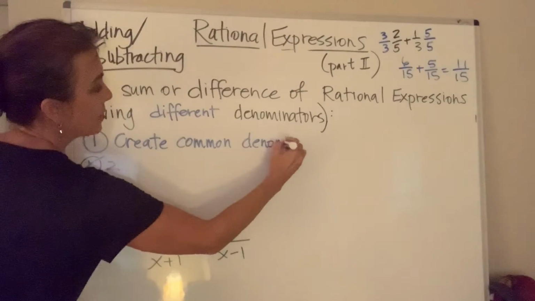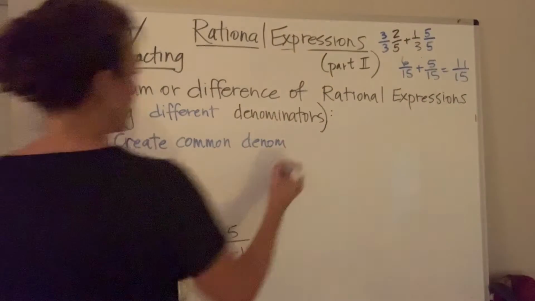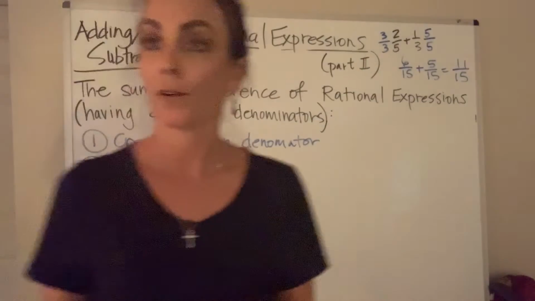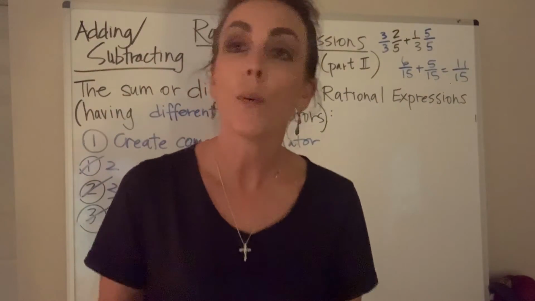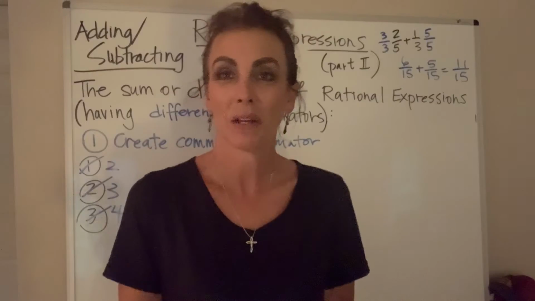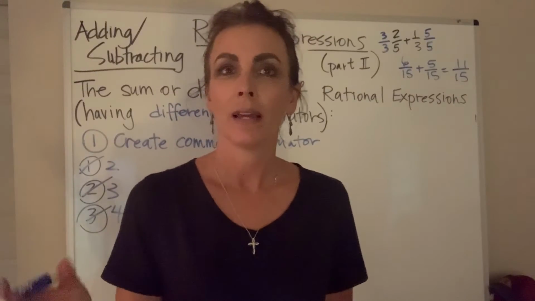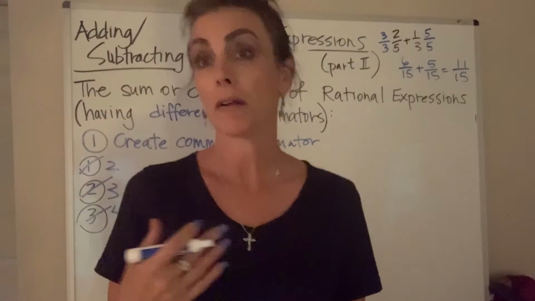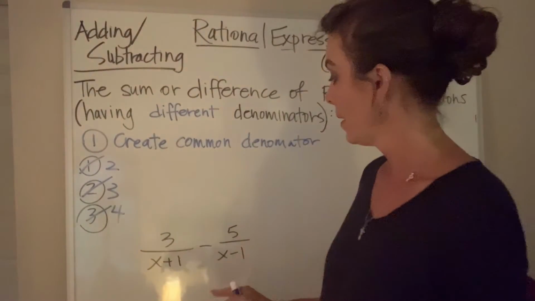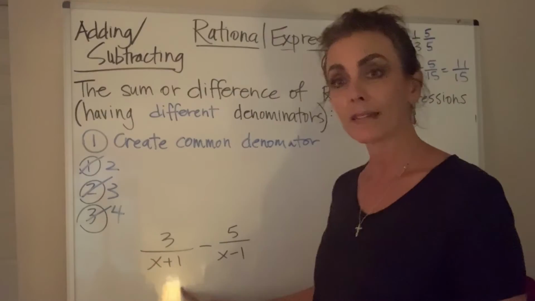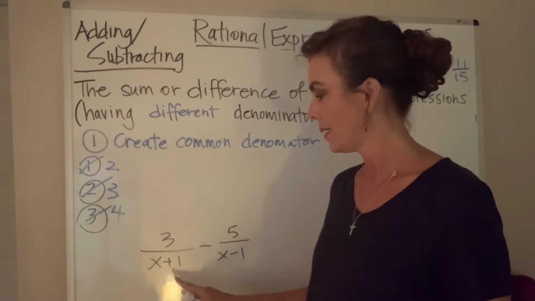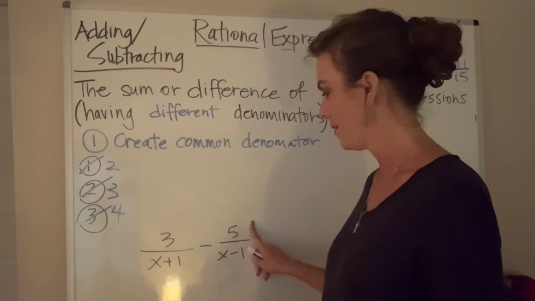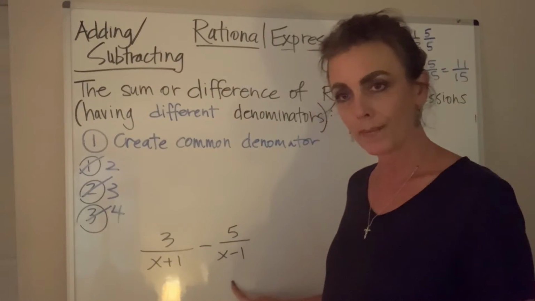And you can always do that by multiplying by the denominator of the other rational expression. That's always going to give you something good, okay? Because it's going to be A times B in one and B times A in the other. So no big deal. Okay, so if I'm looking at this example, I've got 3 divided by x plus 1 minus 5 divided by x minus 1.